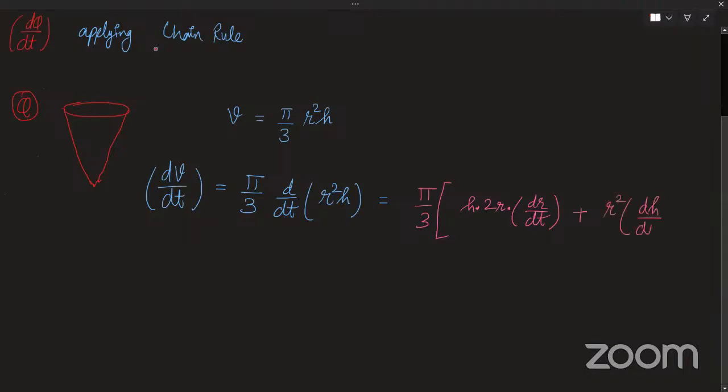Correct? Just basic chain rule. By inputting the rate of change of radius and the rate of change of height, I can easily tell you the rate of change of volume at any given point.